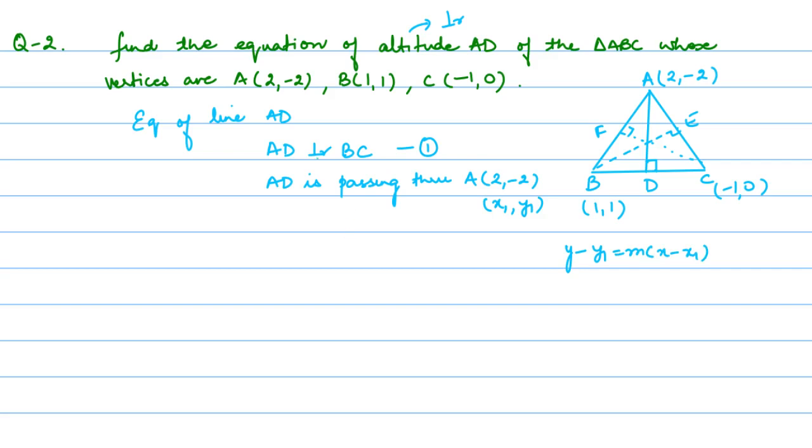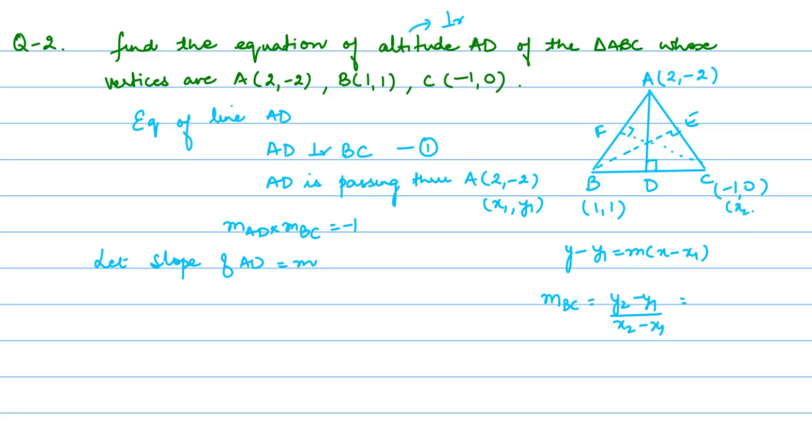But since AD is perpendicular to BC, we know that slope of AD into slope of BC should be minus 1. Let the slope of AD be m, and the slope of BC can be found out by using the y2 minus y1 upon x2 minus x1 formula.